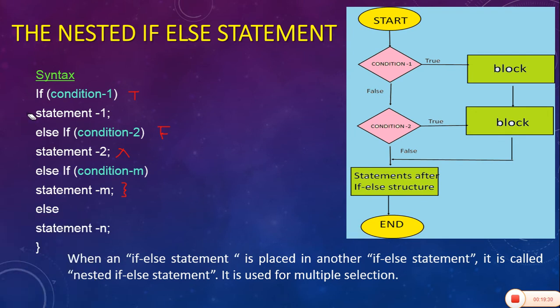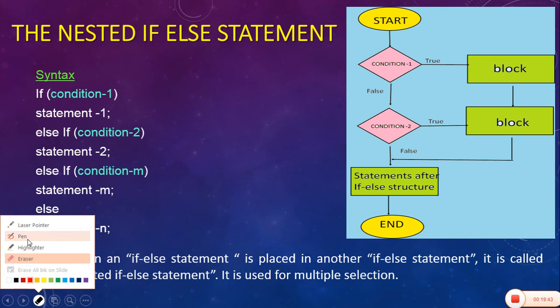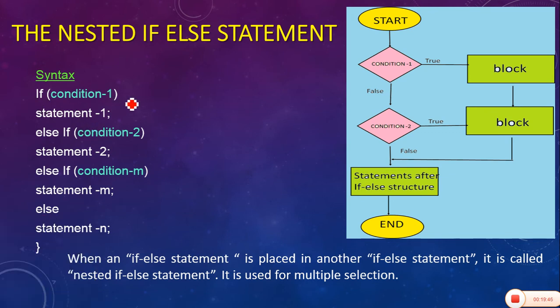If we are not considering it as a block, then this if is a part of this else. Here this if condition, its else part is considered to be this one, while this if, its else is considered to be this.